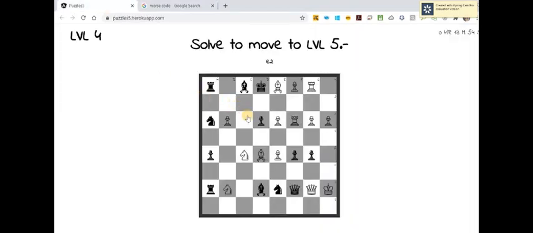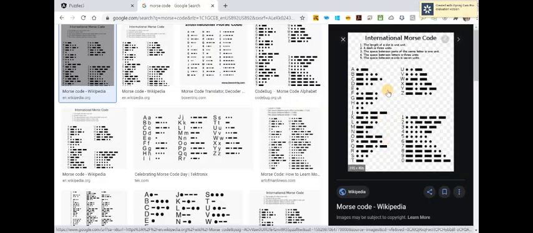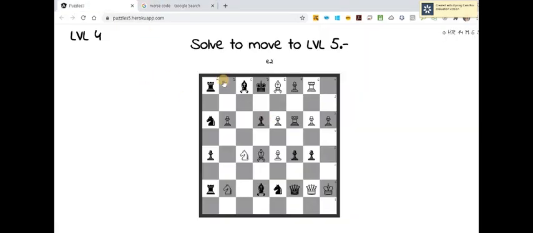Then dot and 4 dashes are there in 1. So we'll input A1 as the next.